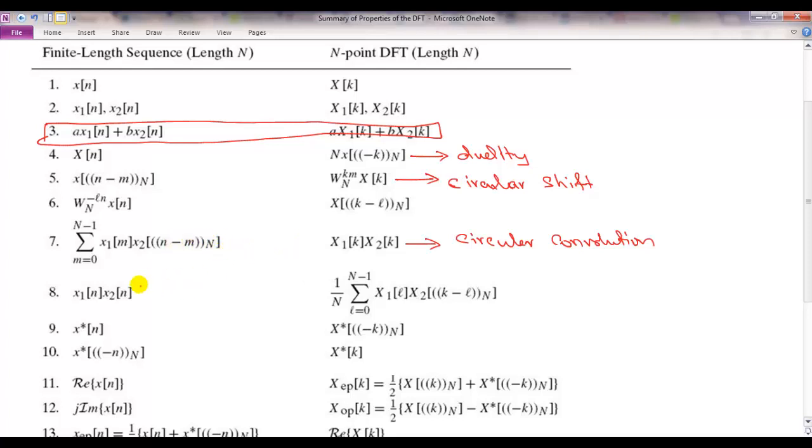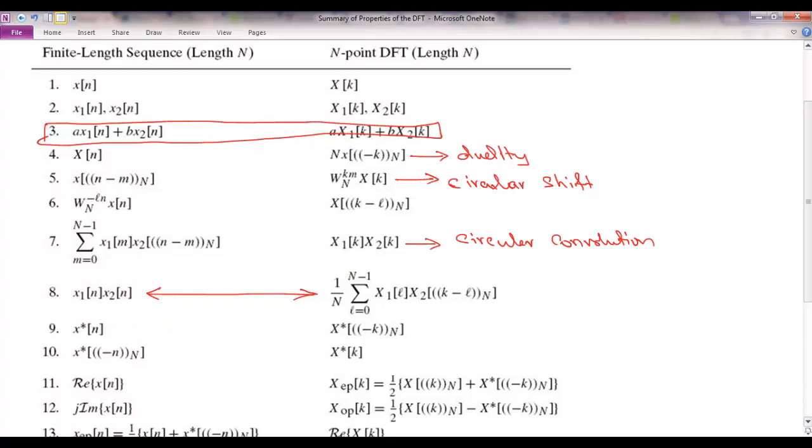And by the duality property, you have the equivalent version which says that if you multiply two sequences in time, then you have circular convolution of the DFT sequences with, of course, the 1 over N factor due to the uneven nature of the DFT that we are doing. Remember, we are not doing the orthonormal DFT. We are doing the orthogonal DFT.